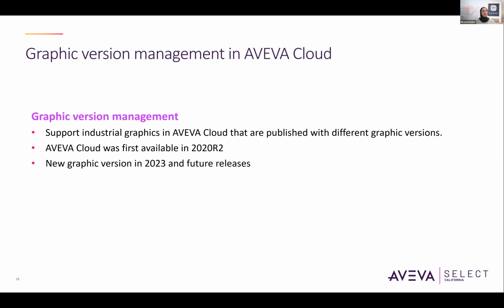Graphic version management in AVEVA Cloud. As I mentioned, now everything is part of this connected experience. So industrial graphics support versioning through AVEVA Development Studio. This enables collaboration and standardization by providing the ability to manage and publish multiple versions of the graphics to the cloud.